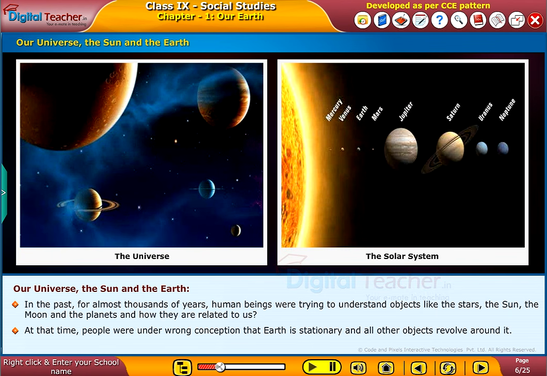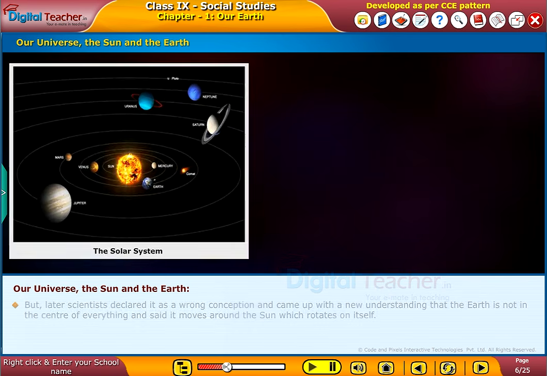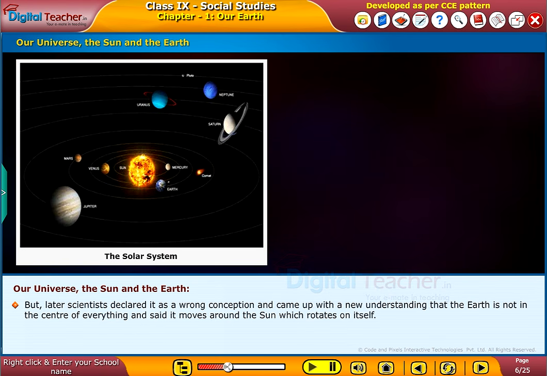At that time, people were under the wrong conception that Earth is stationary and all other objects revolve around it. But later, scientists declared it as a wrong conception and came up with a new understanding that the Earth is not in the center of everything and said it moves around the sun, which rotates on itself.